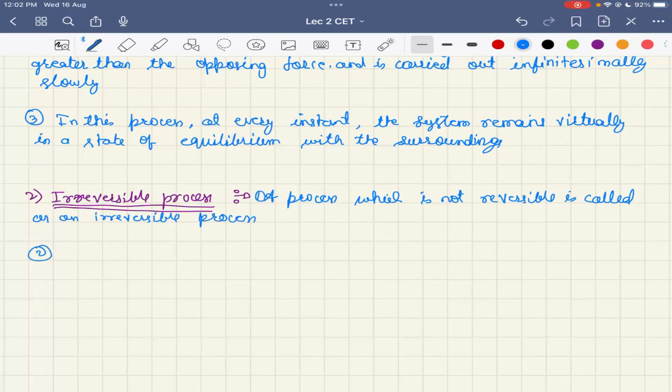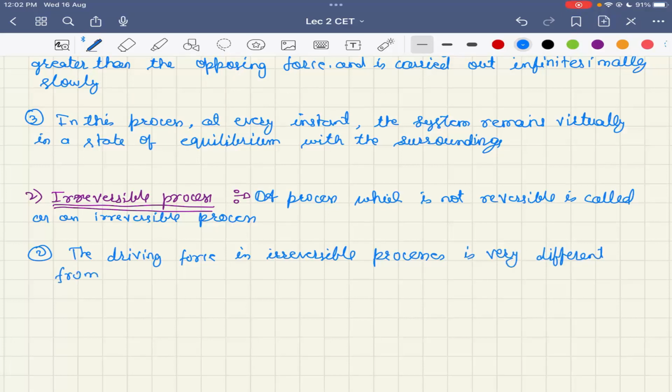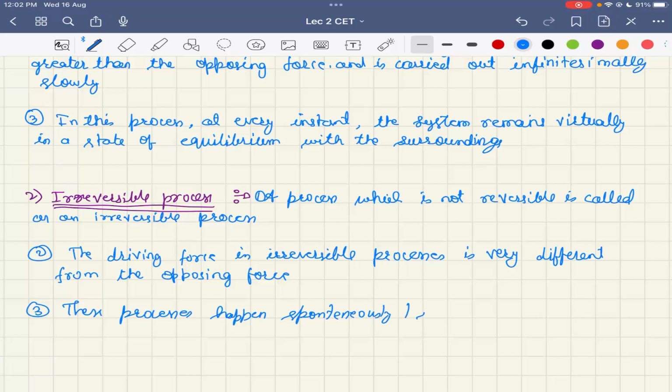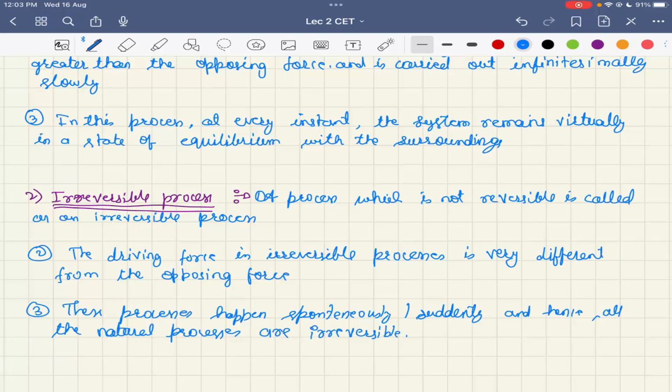Number 2, the driving force in irreversible processes is very different from the opposing force. These processes happen spontaneously or suddenly, and hence all the natural processes are irreversible.